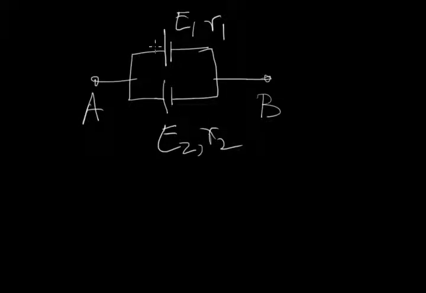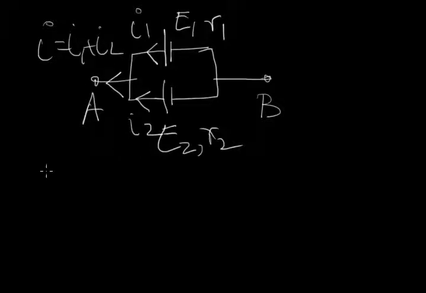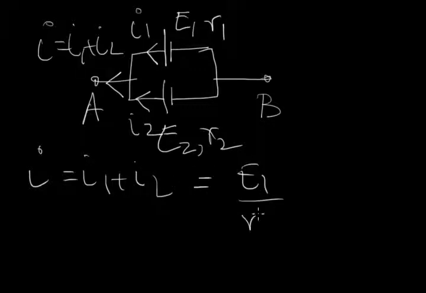Well, now if I have the current, then I can find that this is I1, this is I2, and that this current I is equal to I1 plus I2. So I can go on to write I is equal to I1 plus I2. I can see very well that I1 is nothing but E1 by R1, and I2 is E2 by R2.